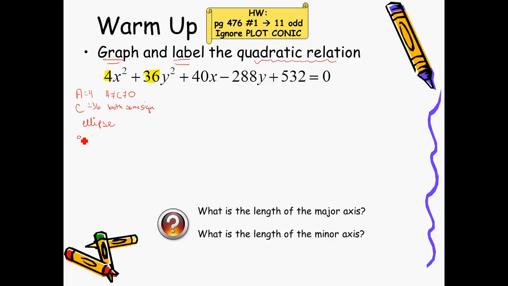And since they are asking me to graph, I need graphing or standard form, which means I need algebra, right? So I'm going to group my x's and group my y's.